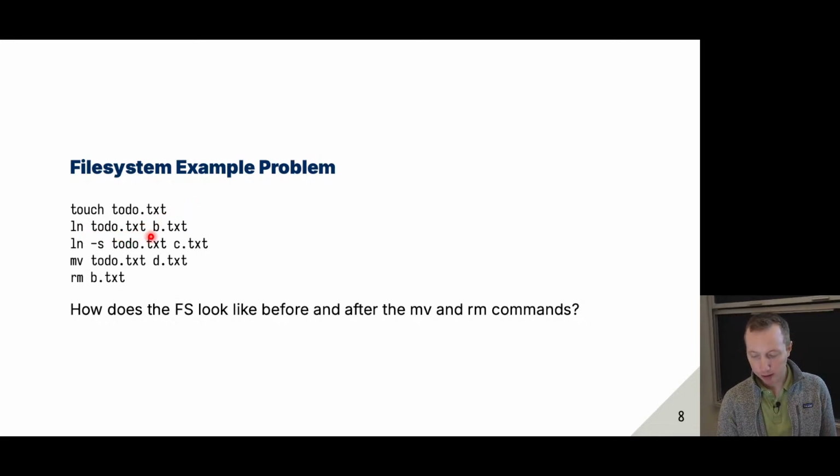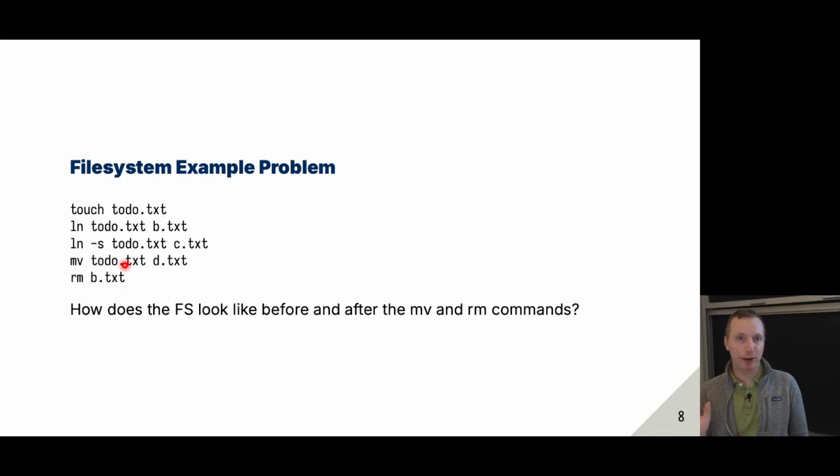If I do ln todo.txt b.txt, b.txt would point to the same inode as todo.txt. And then I create a soft link called c.txt that points to todo.txt, and then do a move. So move doesn't move anything.